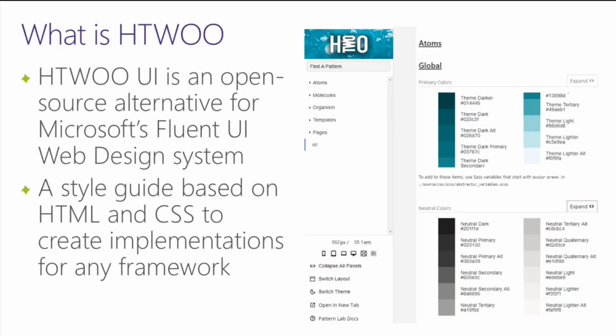It basically gives you a style guide based on that HTML and CSS to create implementations for any framework that you want. If you go to that style guide, you can see all the HTML and the names of styles that you can import into your various projects to get styled components that look exactly like the Fluent UI web design system.